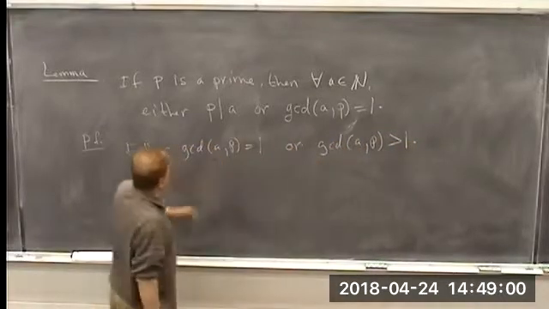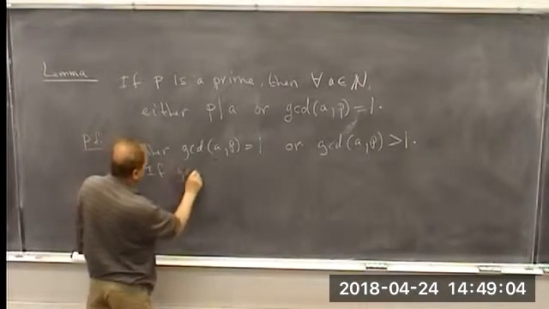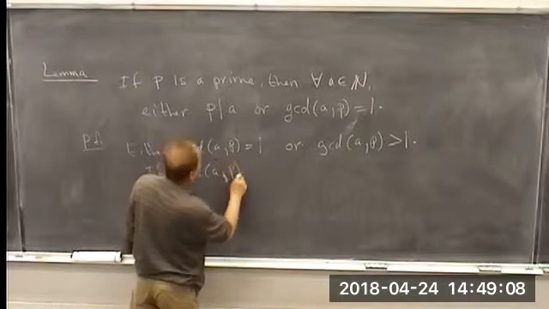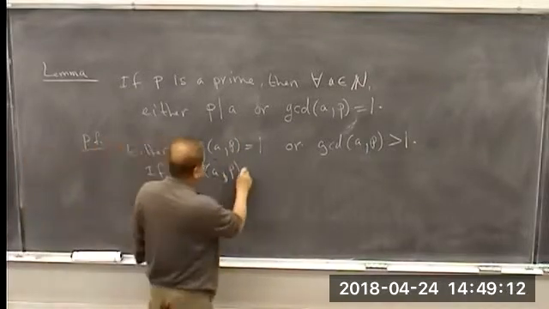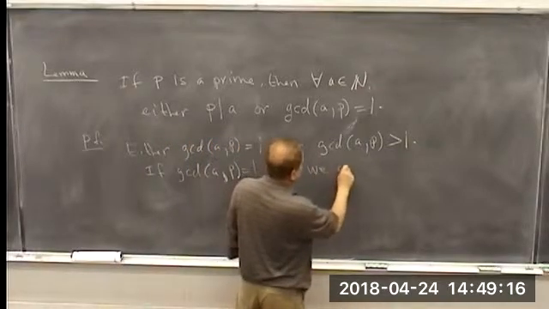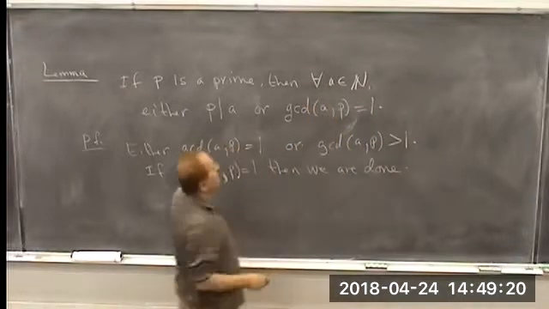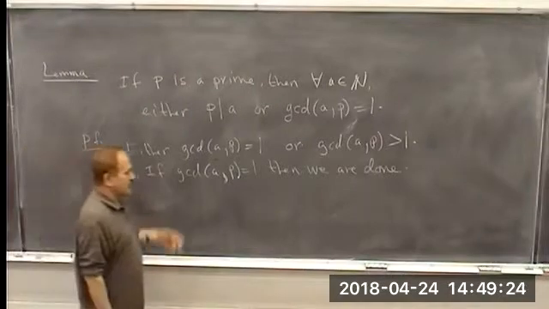Of course, if it is already equal to 1, we are done. In other words, if it happens that for some A in N this is equal to 1, then we are done. But since we are talking about every A, it is possible we have the other scenario.